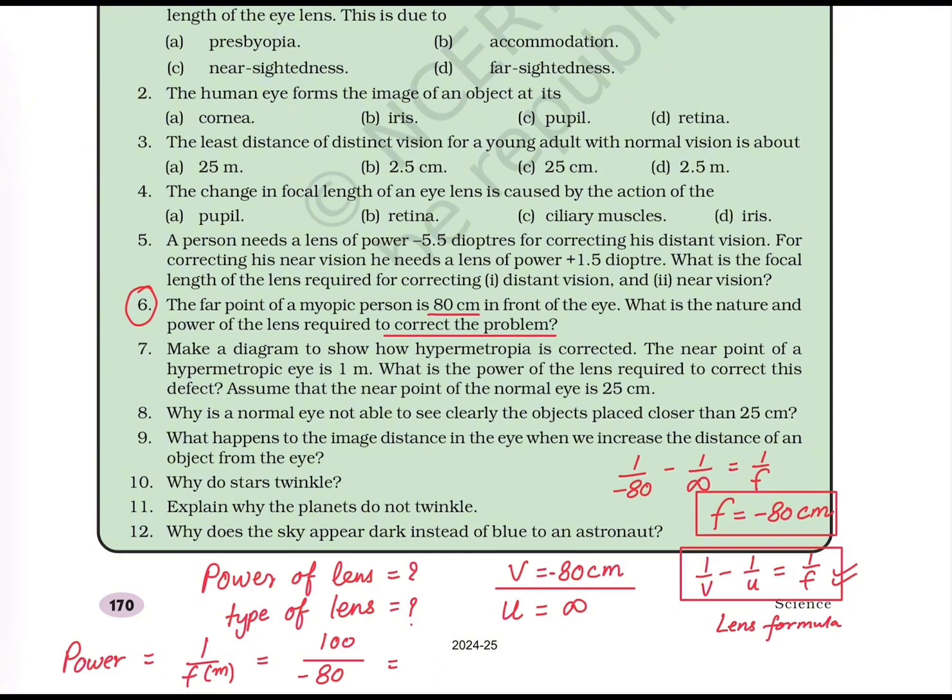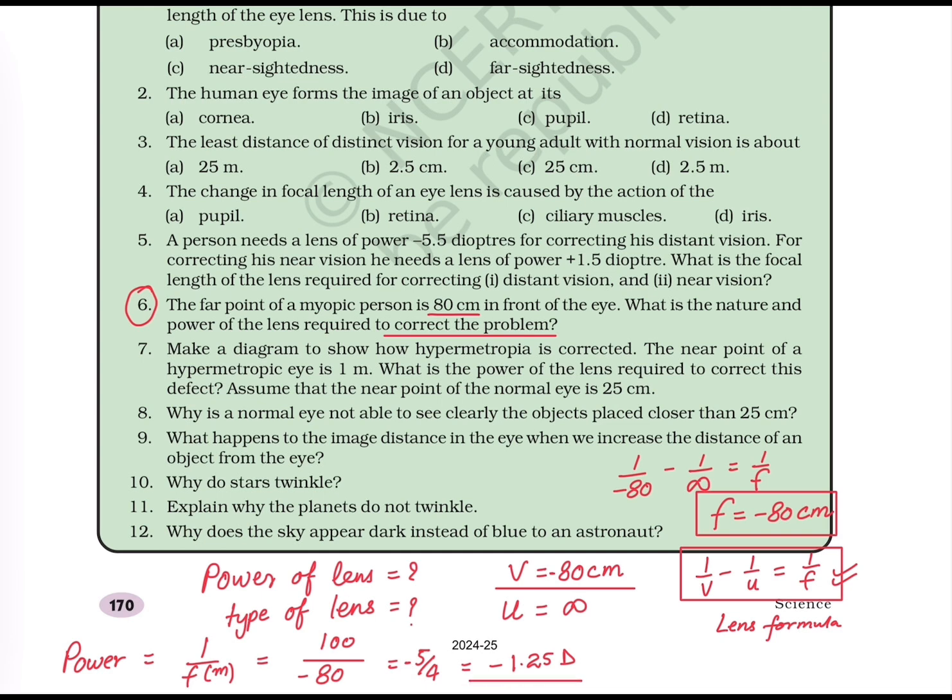So what we get by dividing is minus 5 by 4, which is equal to minus 1 point. When we divide 5 by 4, we get 1.25, and this is the power, minus 1.25 diopter.